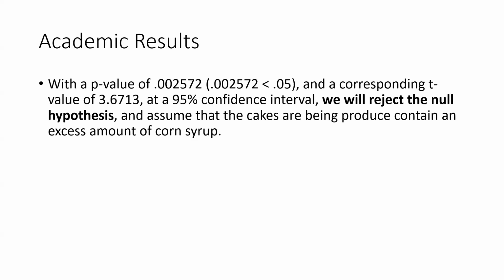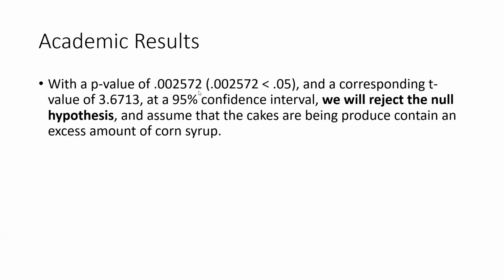So if we're reporting our results within an academic setting, academic meaning in the classroom, not as publishable research, which we'll go into in a later lecture, with a p-value of 0.002572, which is less than 0.05. This is our alpha value right here. This is our p-value that we received from applying the test, and we'll go into how to derive these results in later lectures.